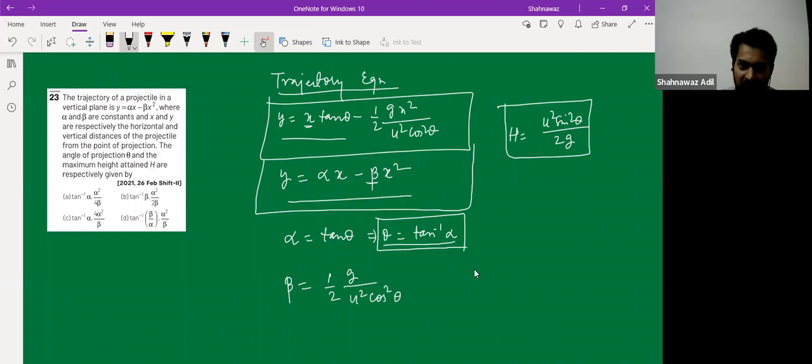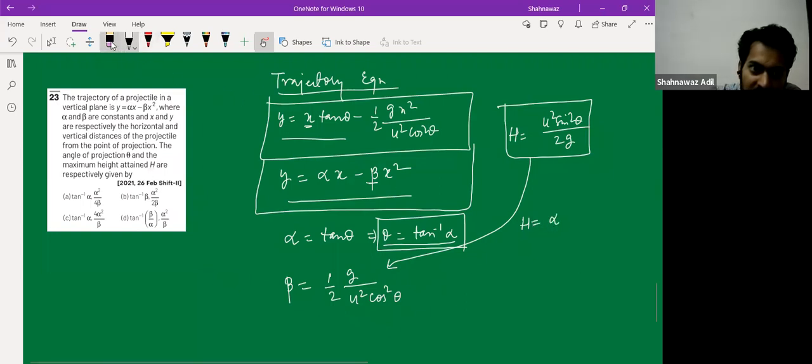Okay. And you see that you have u square sine square 2 theta by 2g. So we have to write in this form somehow. We want to calculate as a function of alpha and beta.